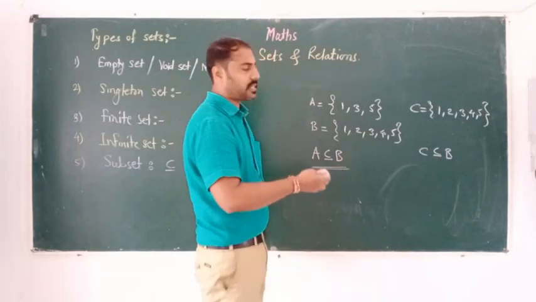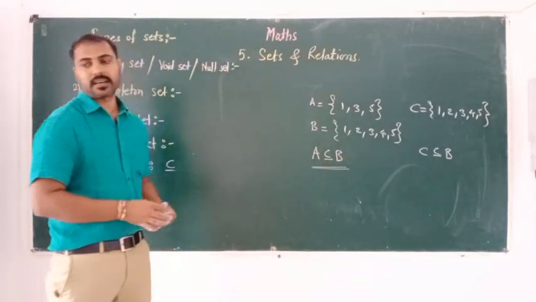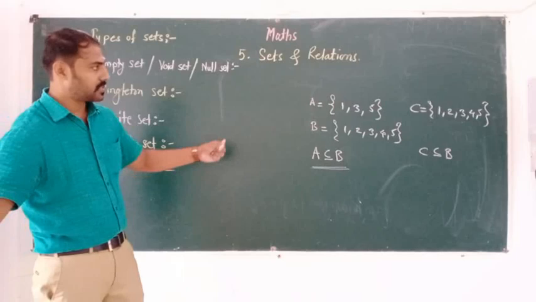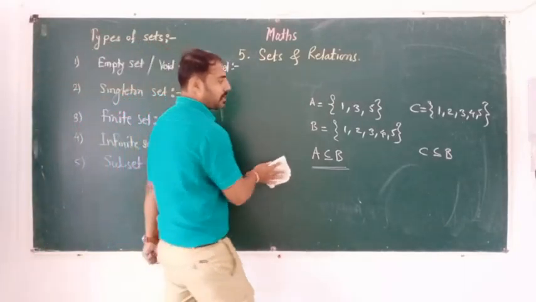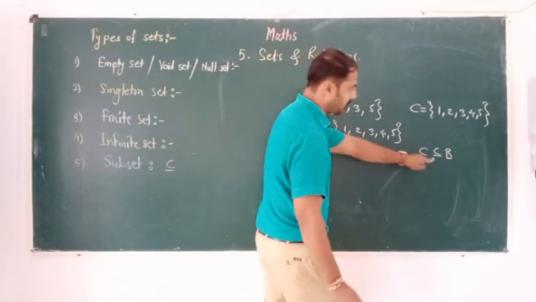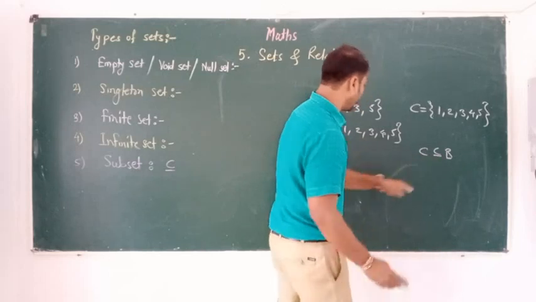Then also we say that C is subset of B. Elements are equal. That's why that notation is given under them.